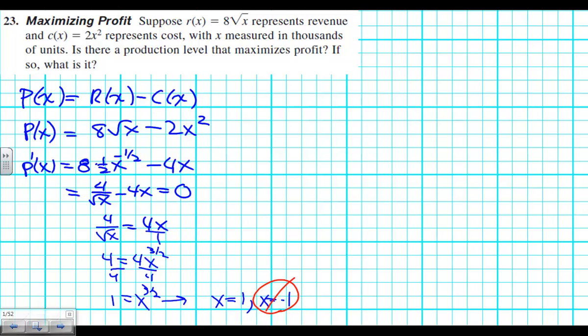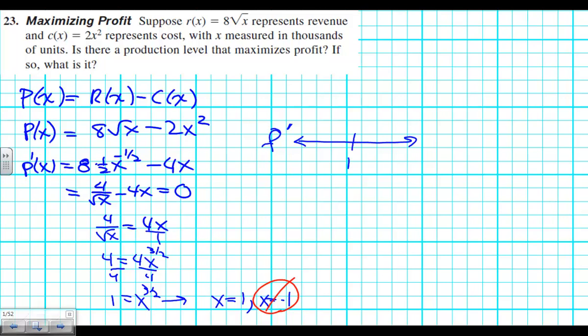Second question would be, is that a maximum or is it a minimum? It could be that this 1 minimizes profit. That would be bad. So let's take a look at the graph of P prime.